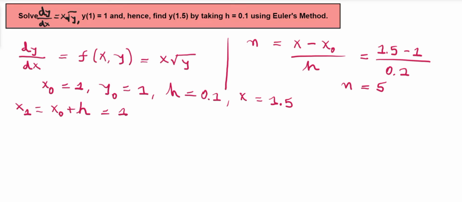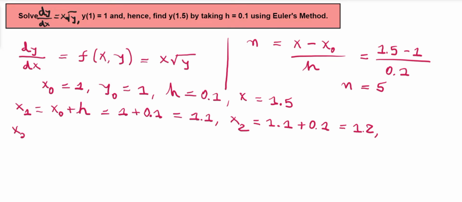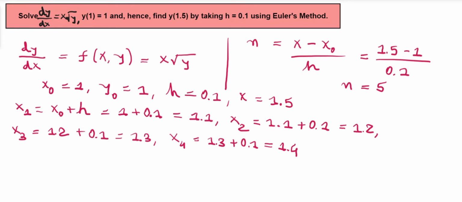Starting with the first step, x0 will be 1, then x1 will be x naught plus h, which is 1 plus 0.1, that is 1.1. Then x2 will be 1.1 plus 0.1, which is 1.2. x3 is 1.2 plus 0.1, that is 1.3. And x4 will be 1.3 plus 0.1, which is 1.4.